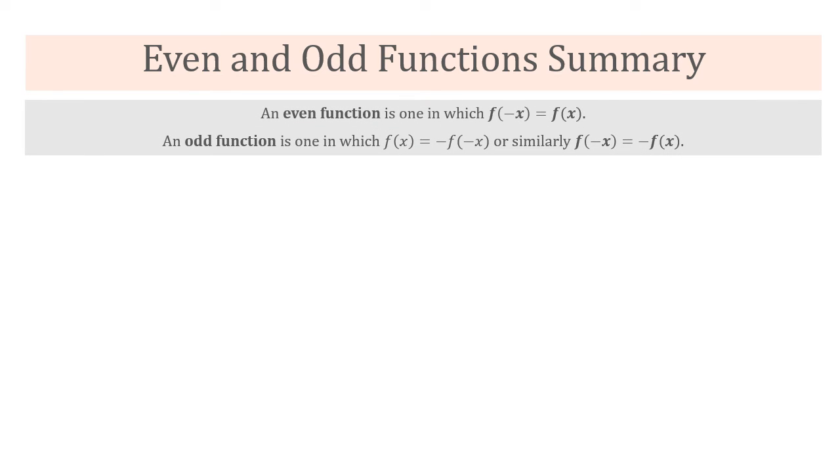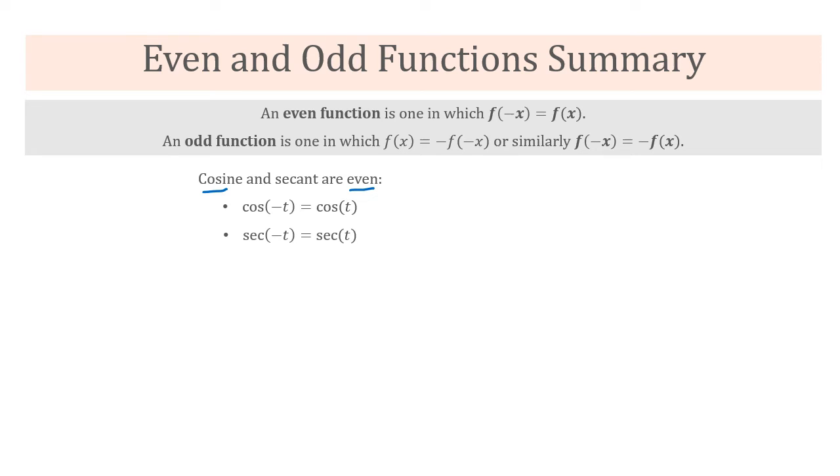So in summary, an even function is one in which f of negative x is equal to f of x, and an odd function is one in which f of x is equal to negative f of negative x, or the way that we saw it, f of negative x equals negative f of x. Now, the cosine and the secant are both going to be even. We convinced ourselves that the cosine was even. Why do you think the secant is also even?